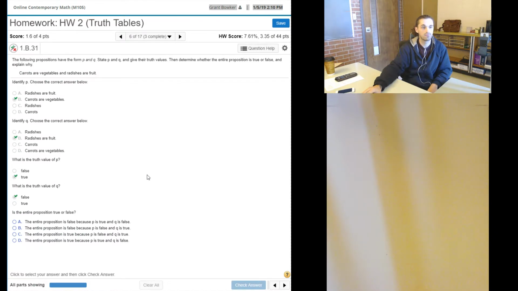The entire proposition, is it true or false? So when they say the entire proposition, they're talking about P and Q. Well, an and proposition, an and connector, is only true if both P and Q are true.